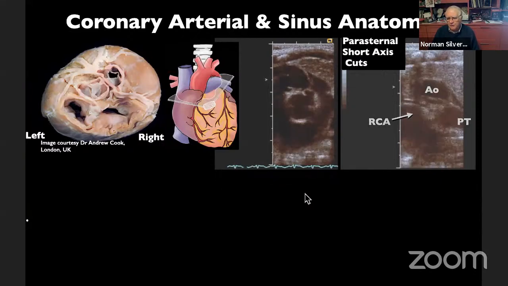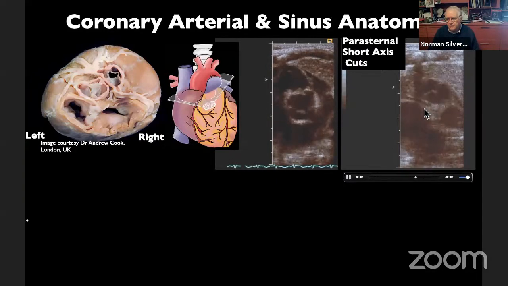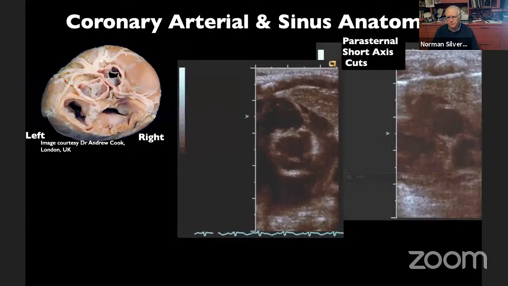Then with slight rotation, we can look at the origin of the right coronary artery, which we see entering over here in an oblique fashion into that cusp in front of the pulmonary trunk, as they usually do.